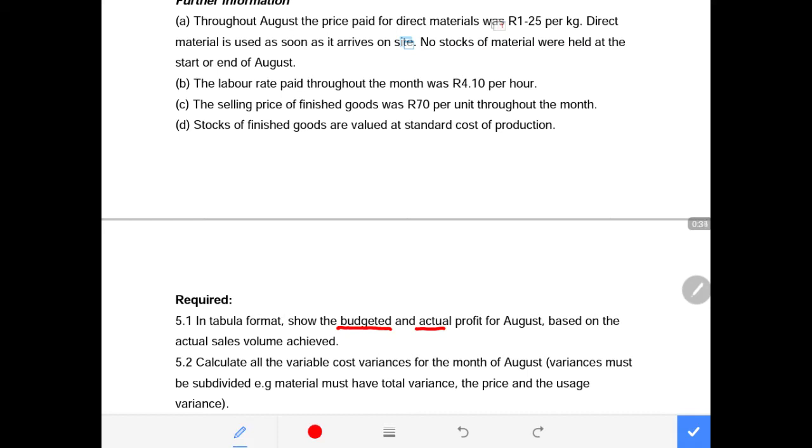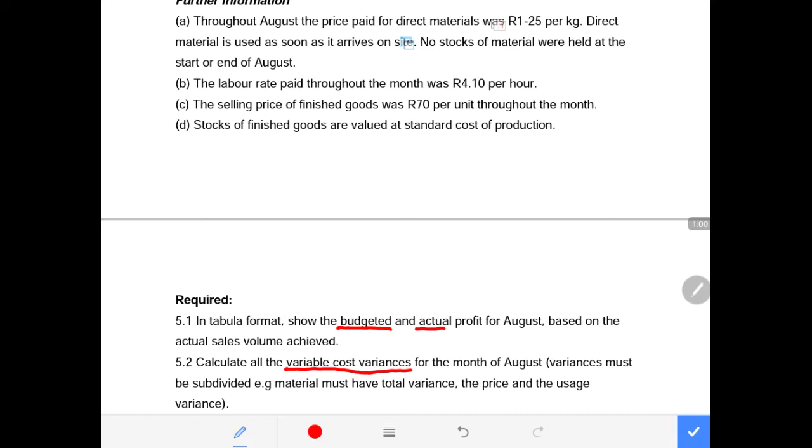Requirement number 2 says calculate all the variable cost variances for the month of August, and variances must be subdivided, meaning e.g. material must have total variance, meaning the price and the usage variance.